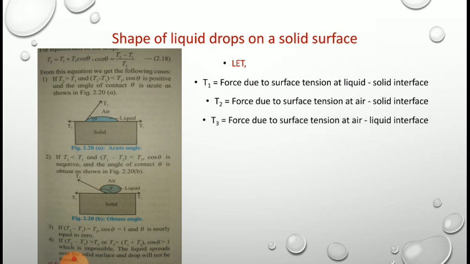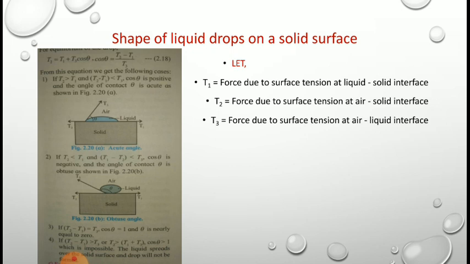Let T3 be the force due to surface tension at the air liquid interface. So these are the three considerations, T1, T2 and T3. As the force due to surface tension is tangential to the surfaces in contact, the directions of T1, T2 and T3 are as shown in figure 2.20.